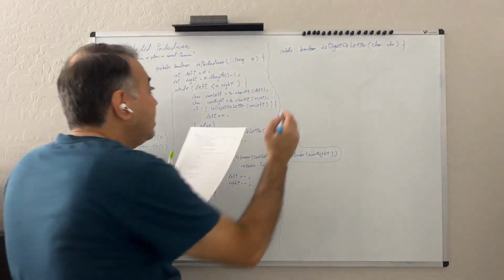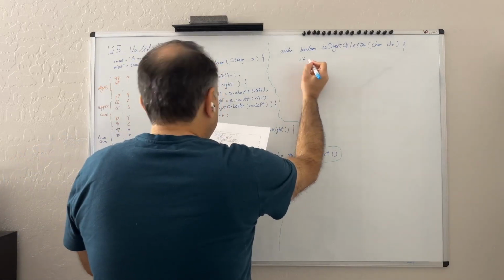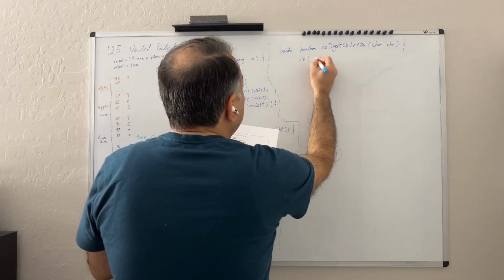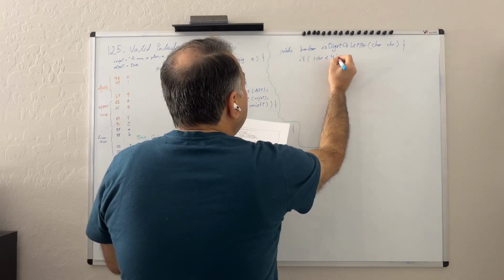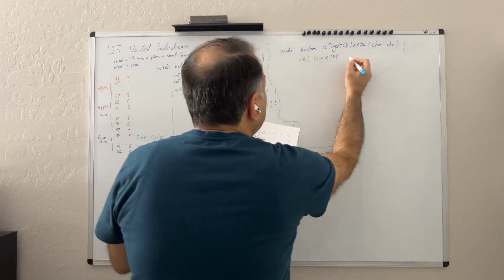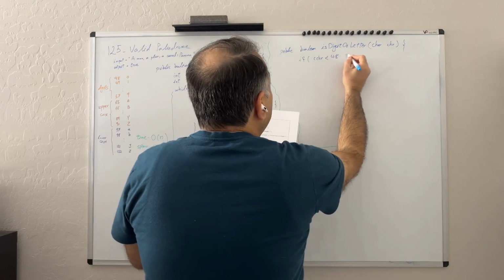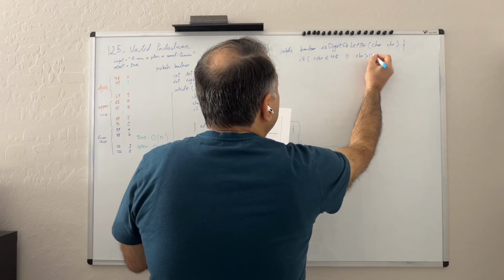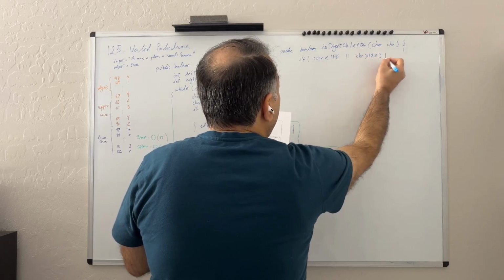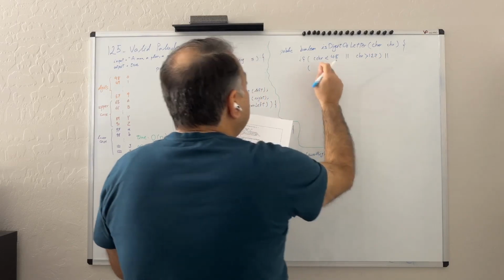So we need to write the code same as what we did previously. So if chr is less than 48, as I show you here, or chr is greater than 122, this is the first one.